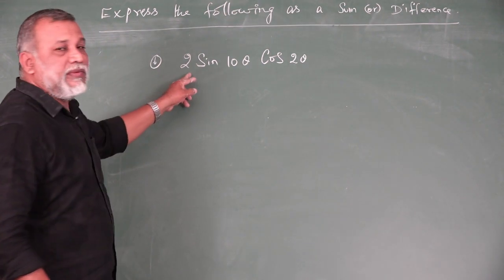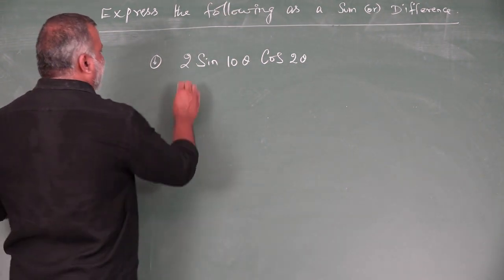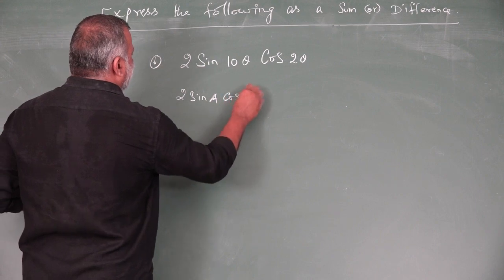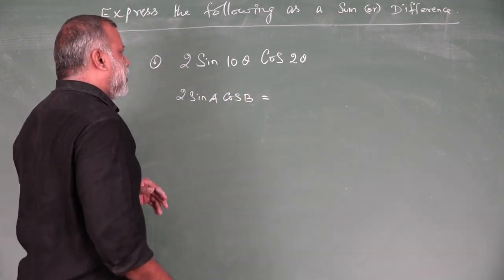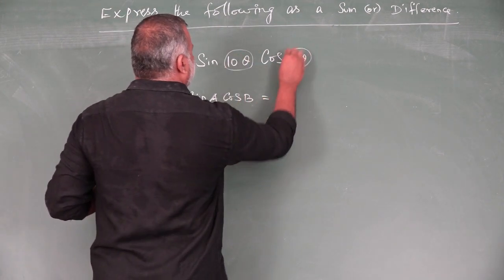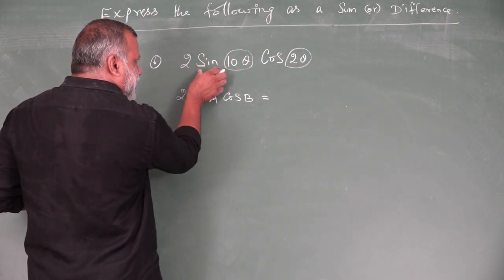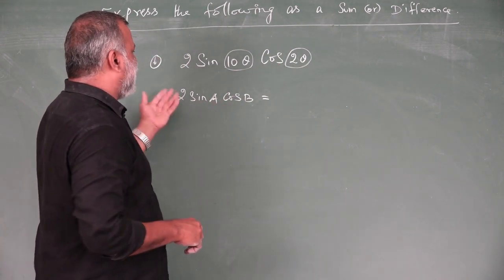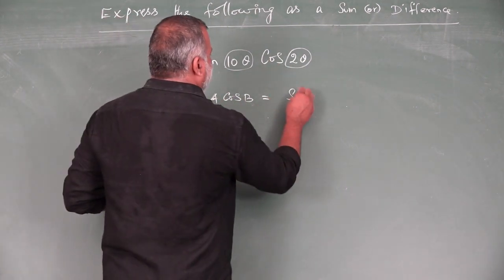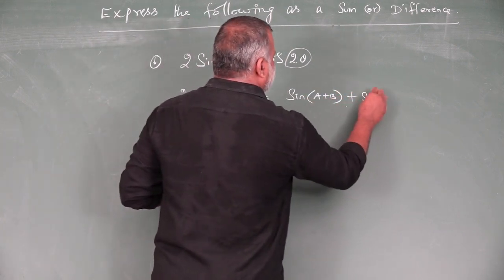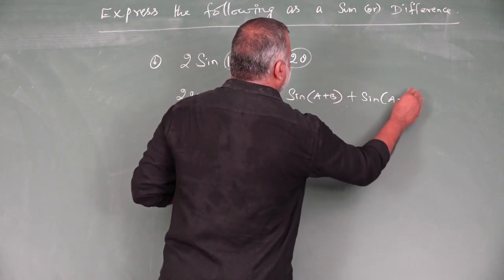Now listen, here we are getting 2, so already we are having 2 sin A cos B. See, this is A, this is B. Now the relation is one time sin family, another one is cos family. So sin A cos B is equal to sin of A plus B, then plus sin of A minus B.